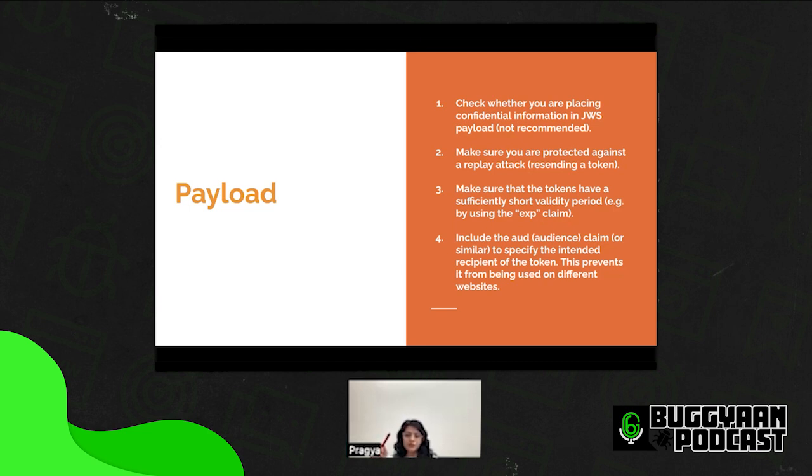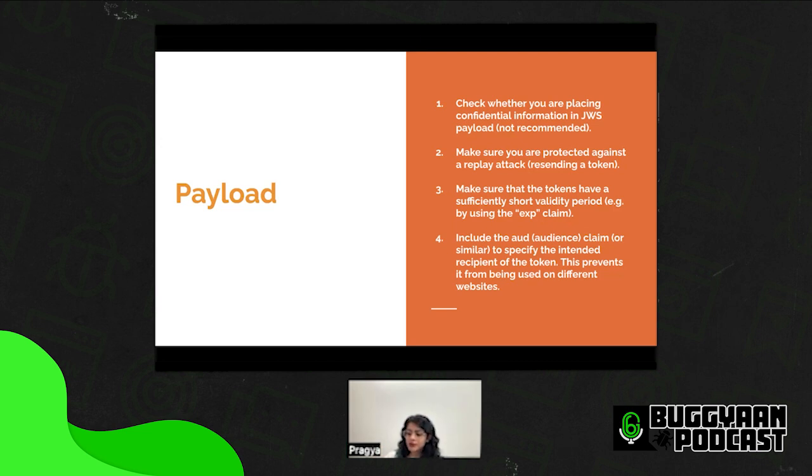The fourth part is to include the AUD or audience claim to specify the intended recipient of the token. This prevents it from being used on different websites. I mentioned the substitution attack, where you could use a JWT intended for one application at another place.